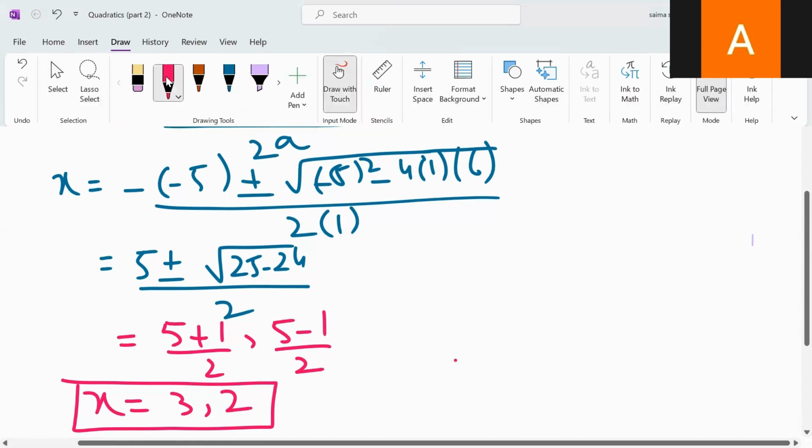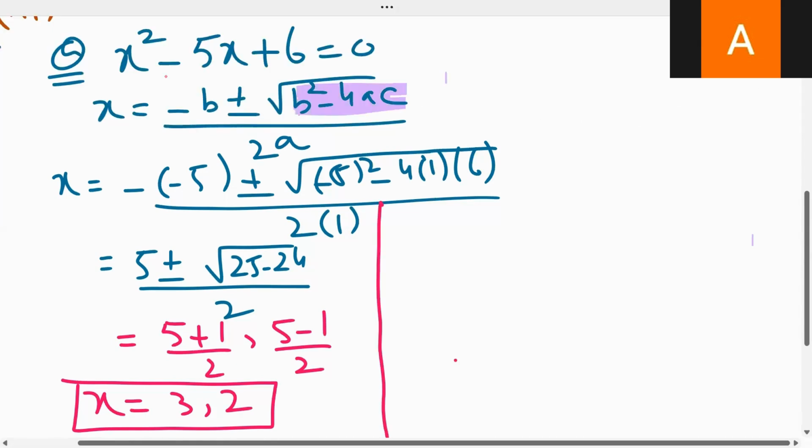Without applying this quadratic formula, you can just find the discriminant. Discriminant is b square minus 4ac, and you substitute values here.